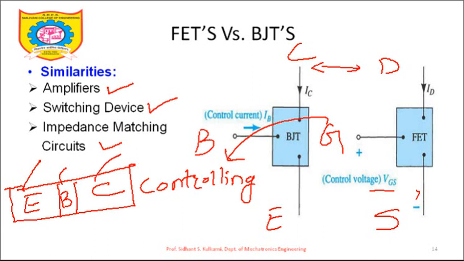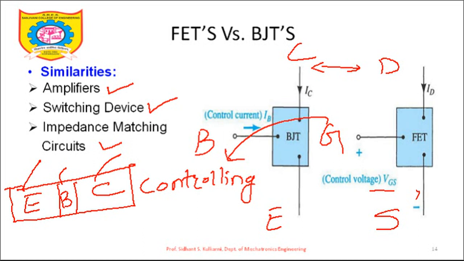The name itself indicates base, which is acting as a base between emitter and collector. Emitter, one who emits, and collector, one who collects the charge carrier. Similar to that, here gate is having a small area, or even there are multiple types of the FET, whether you are using MOSFET, N channel MOSFET, P channel MOSFET, depending on that this differentiation is being made.